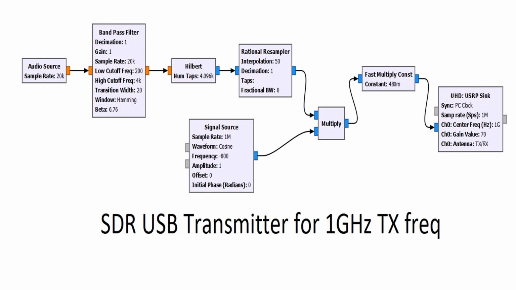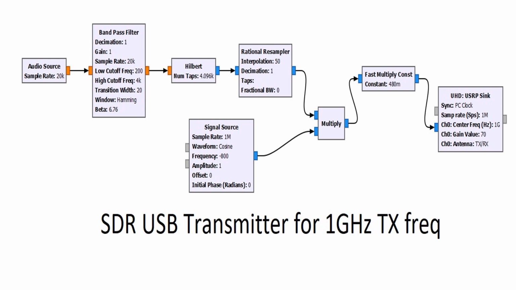So now we have essentially an upper sideband signal. We upsample it by 50, so now our sample rate is 1 megahertz, and we're shifting that by 800 hertz down to account for the oscillator that was not very good in the USRP.